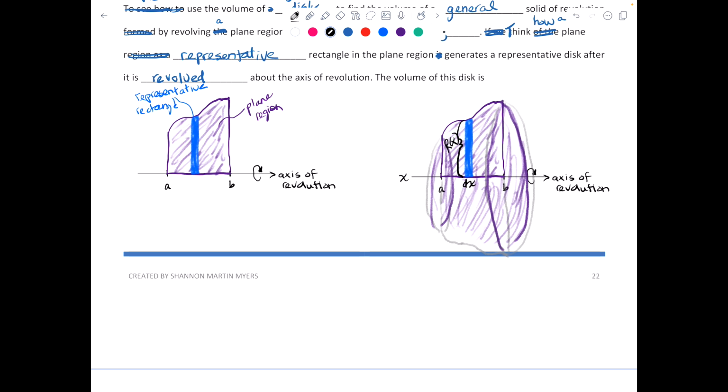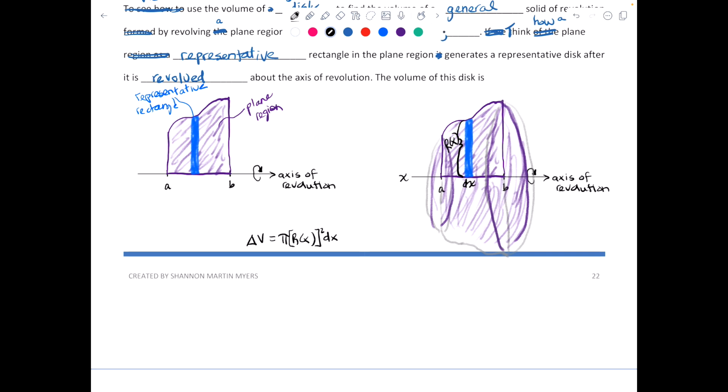Isn't that pretty cool? And so your volume, looking at it in differentials, for one disk would be equal to pi capital R at x squared dx, right?